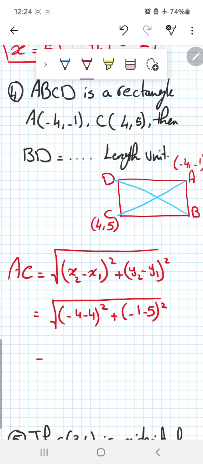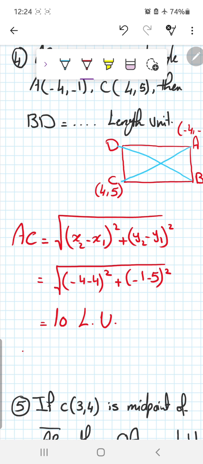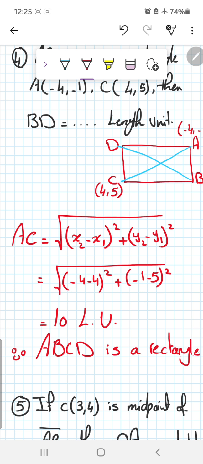So the length will be 10 length units. Okay, since ABCD is a rectangle, therefore AC equals BD. So BD also equals 10 length units.